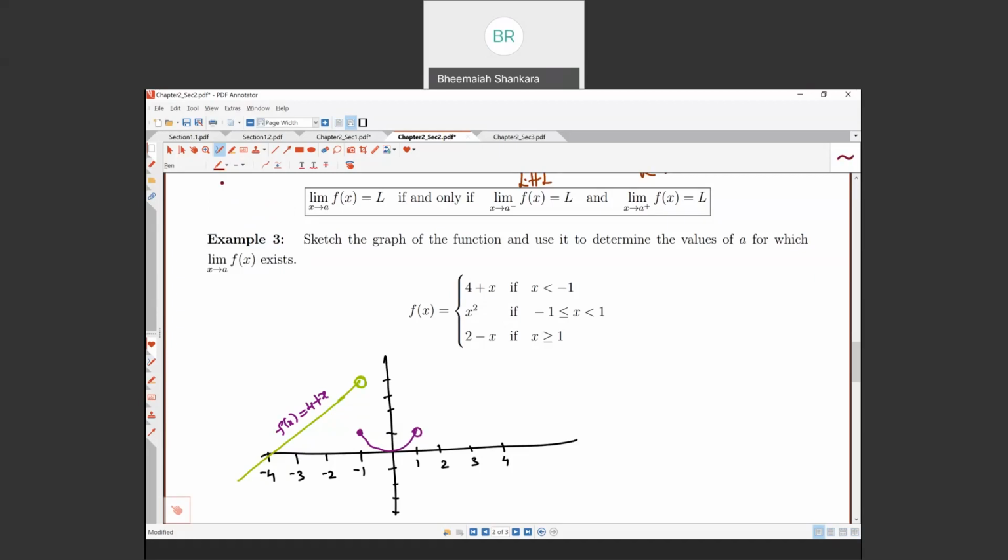And when y is 0, you see the x value is 2, which means it passes through (2, 0). The height is 2 and it passes through (2, 0). So you want to draw a line. This is your f of x equal to 2 minus x with a height 2. This is your f of x equal to x squared curve.